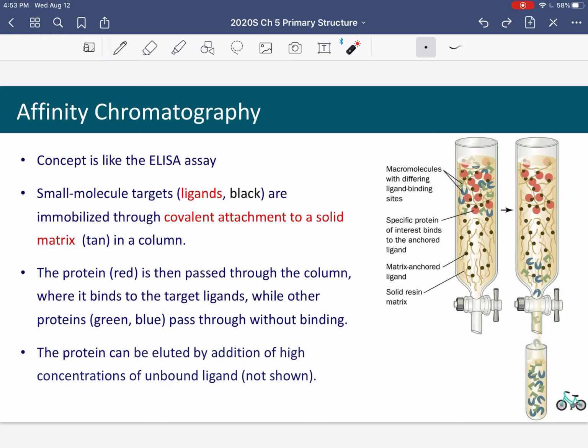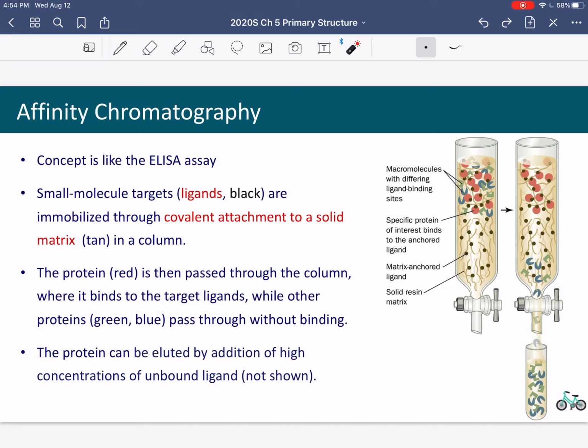In order to release our protein from this matrix, this solid phase, you could add free ligand. So you could add a free black ligand to the matrix, and it would move with the mobile phase and capture our red protein if it's in excess of the immobilized ligand on the solid phase.